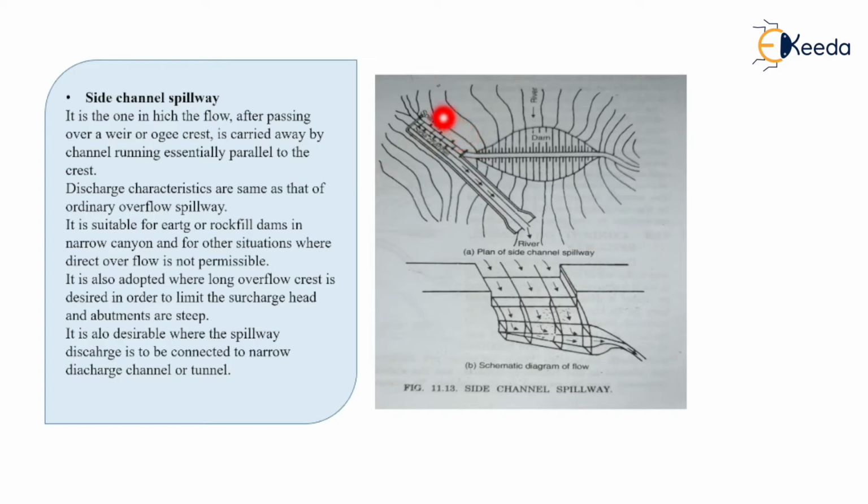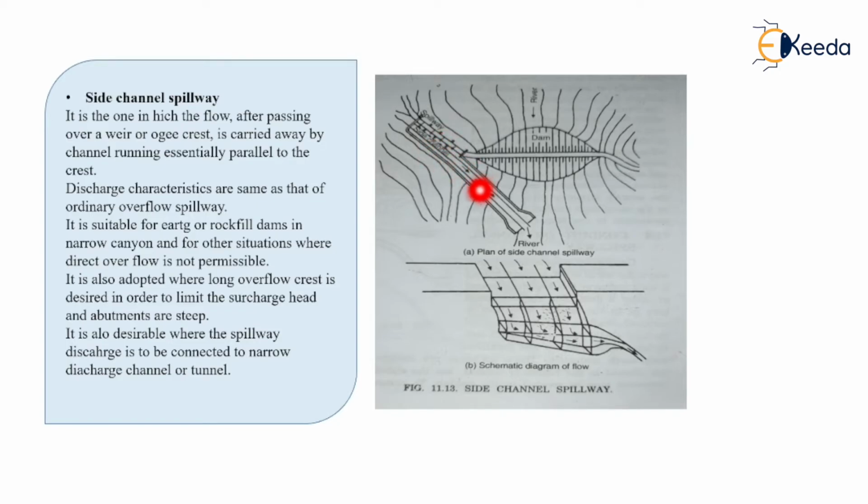You can see the spillway crest is provided in this horizontal level, and the side channel will be constructed completely and absolutely parallel to this. This will be the top view and plan of this side channel. After passing through this side channel, the water will again connect to the natural river flow, so the surplus water coming from this spillway will be carried through this side channel.